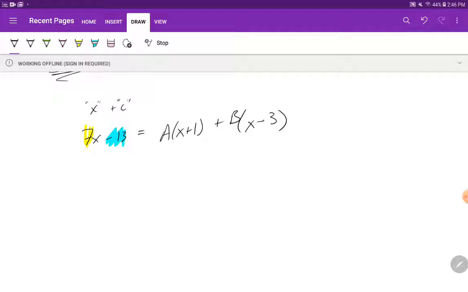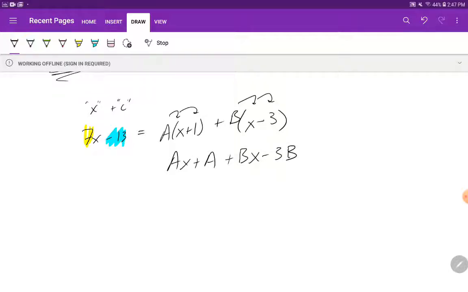So there's this rule in math that says if you line up the x terms with the x terms on the other side of the equation, you can just set them equal to each other. What I mean by that is if I distribute all this out, I get ax plus a plus bx minus 3b.